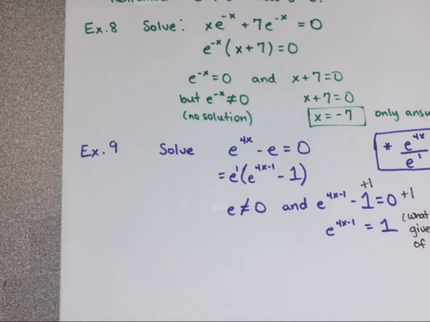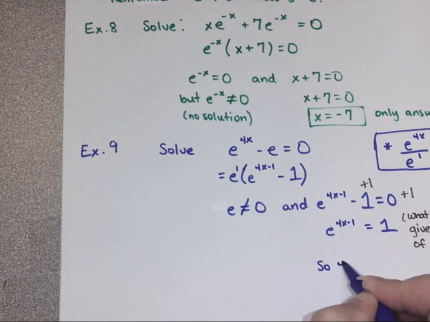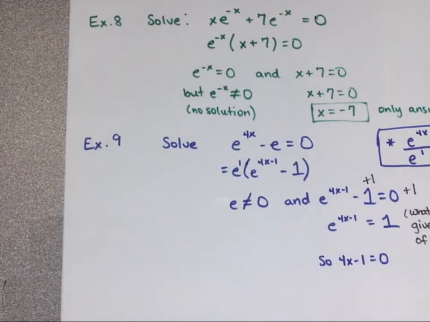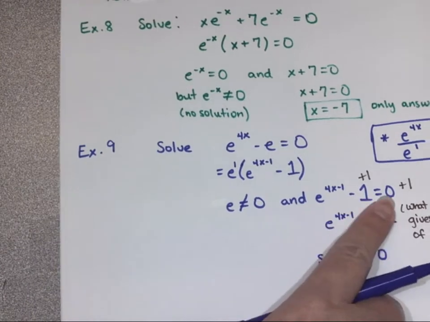0. So in other words, we can ignore the uglier parts of this. We just need to find when is 4x minus 1 equal to 0. Because if that whole exponent's equal to 0, then what will e to that thing be? It'll be 1, and then we'll have 1 minus 1, which is 0.